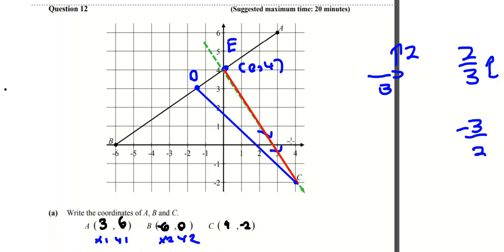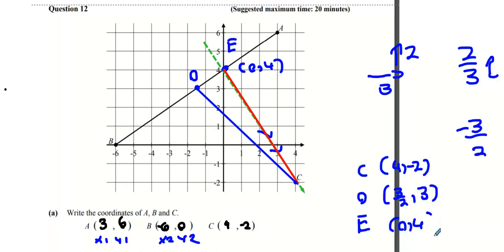Let's find out. So what do we need from this? We need to know what C, D, and E are. So C is 4, minus 2, and D is the point 3 over 2, 3, and E is the point 0, 4. And we're going to have to do the distance formula several times to get these answers.